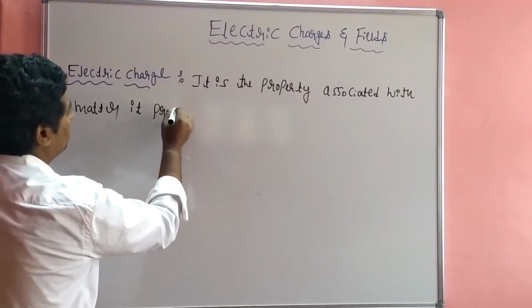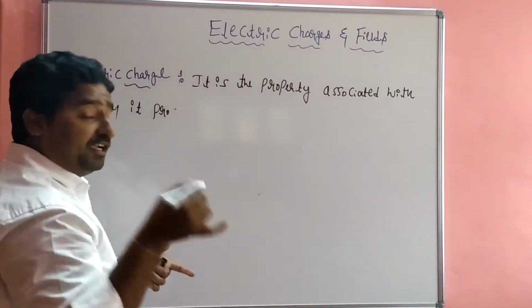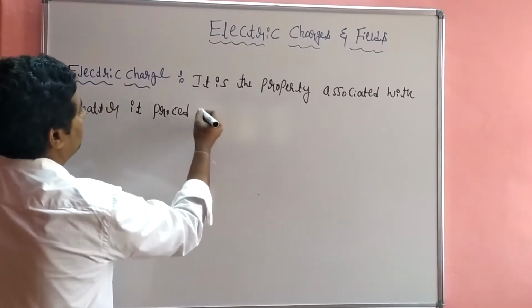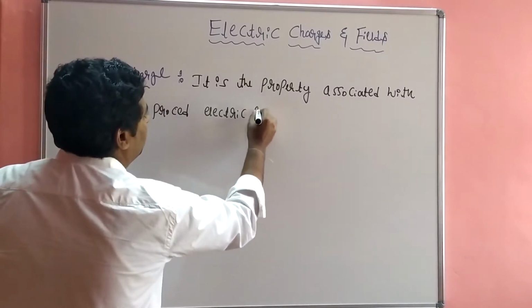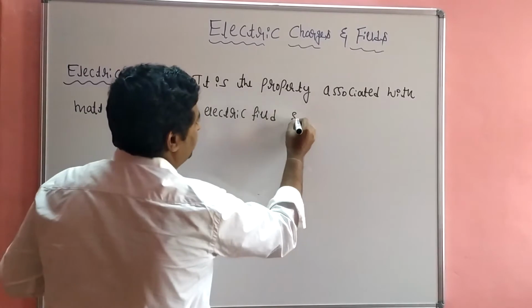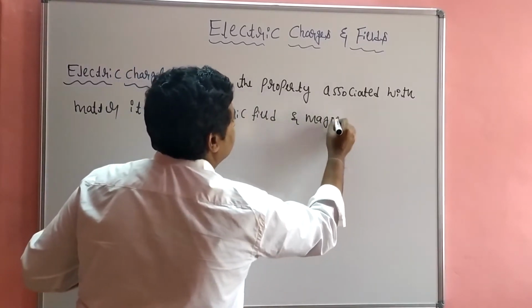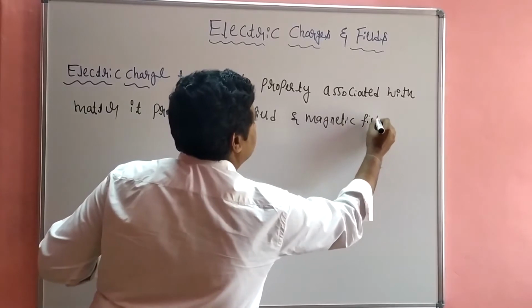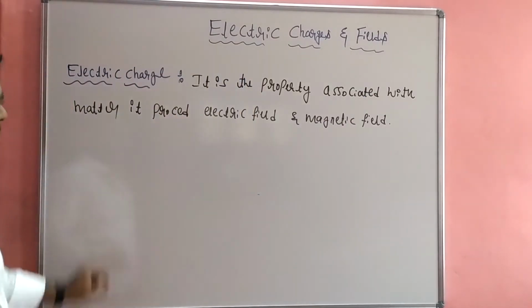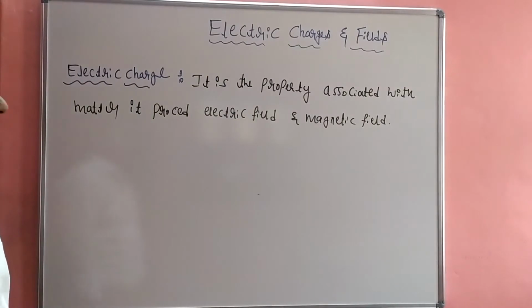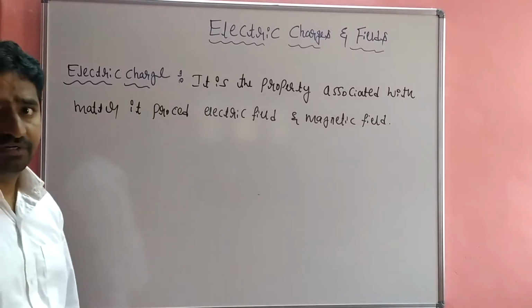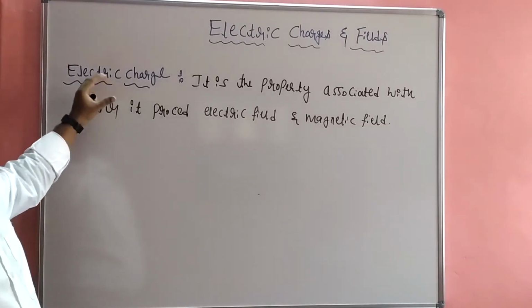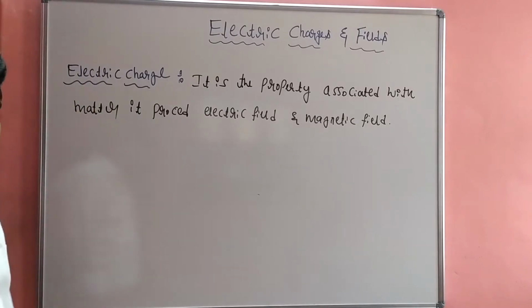It produces electric field and magnetic field. So this is what the term indicates. It is associated with matter, and it produces electric field and magnetic field. That property which is associated with matter is called electric charge.